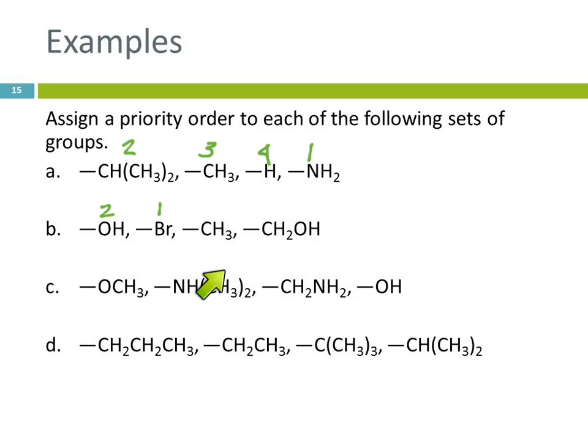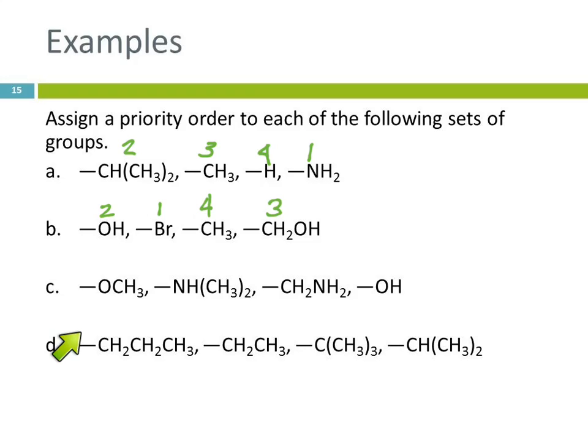And then we're deciding between these 2 carbons, which one is going to have a higher priority? The CH2OH, right? Because this carbon is bonded to a hydrogen. And so this guy's going to be number 4. Is it beginning to make a little more sense?